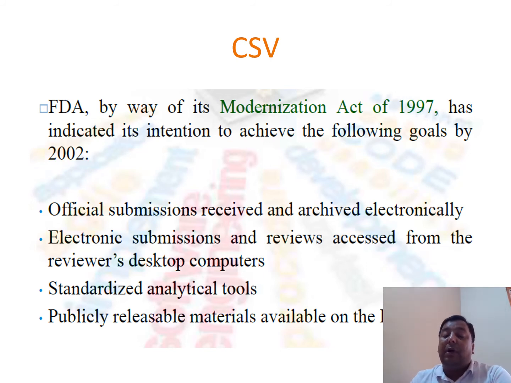Then it was introduced that all clinical trial data should be submitted in electronic form. At that time there were desktop computers, and some tools were designed and built for analyzing the data. It was also asked that everything be made available online for the public.